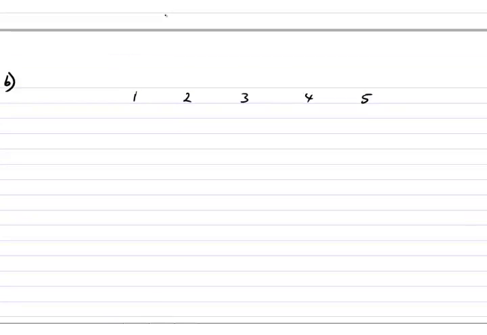There are 5 years, so 1, 2, 3, 4, 5. I'm almost certainly going to need some workings. And so, perhaps even on a third sheet, it's still part B, but I'll put workings.